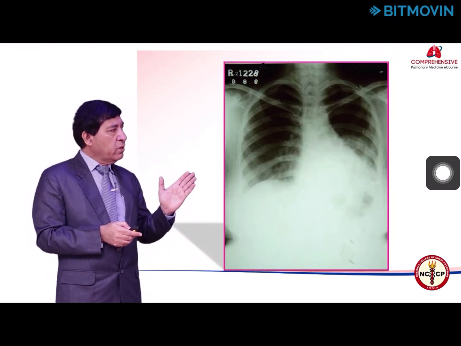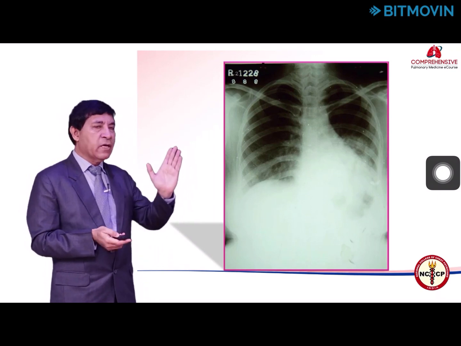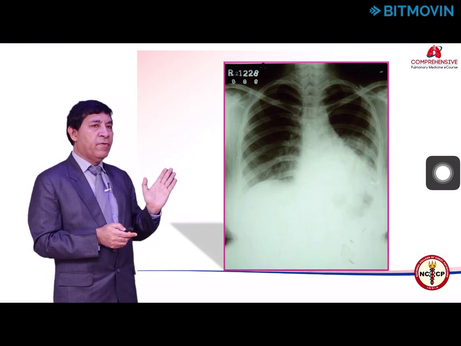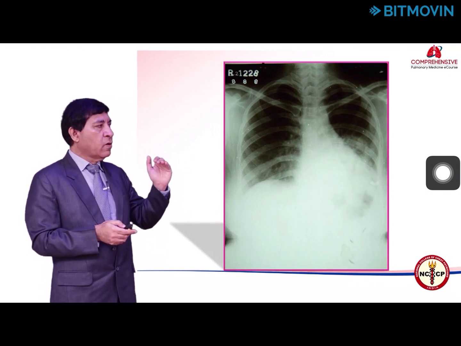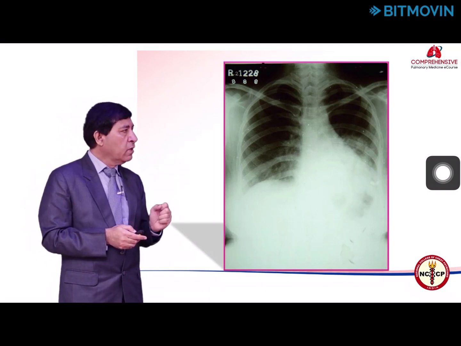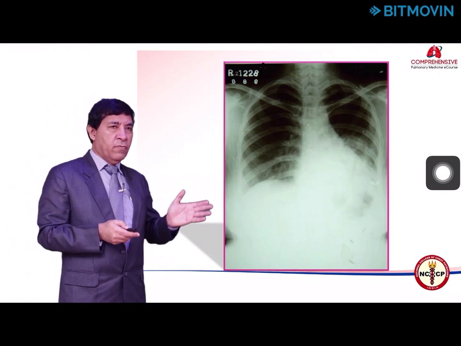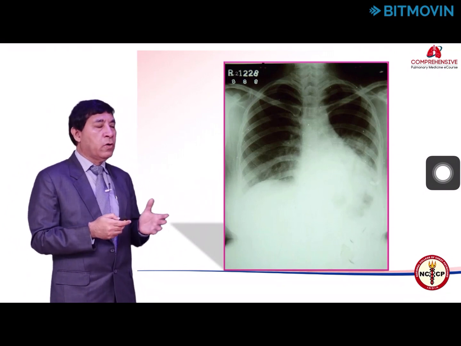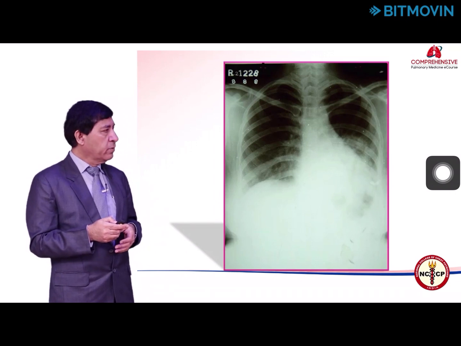Another situation here, you can see that in comparison to the right lung, the left lung size appears much smaller, the diaphragm has gone up and the mediastinum is shifted. So again indicating some volume loss, and here the volume loss is due to left lower lobe collapse, as you can see a triangular shadow behind the heart.